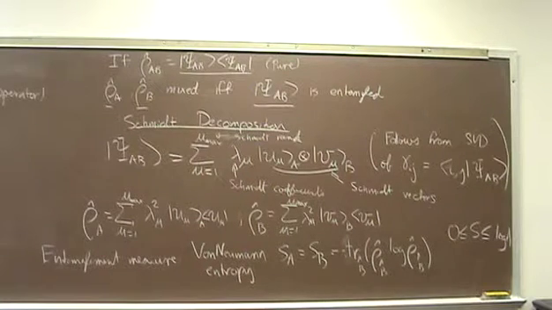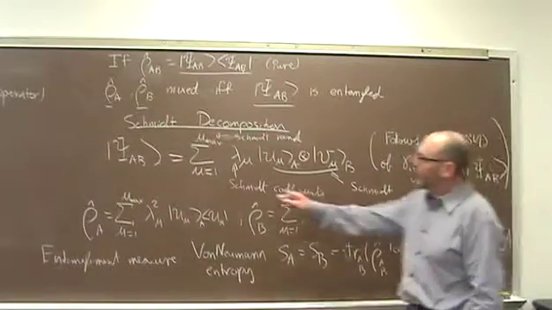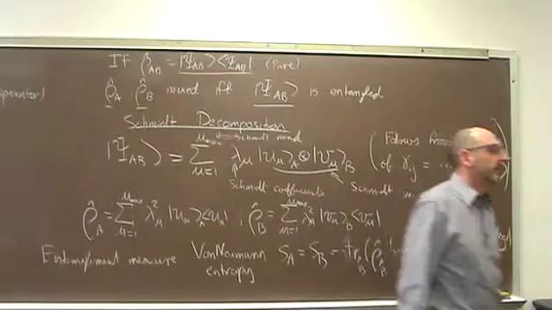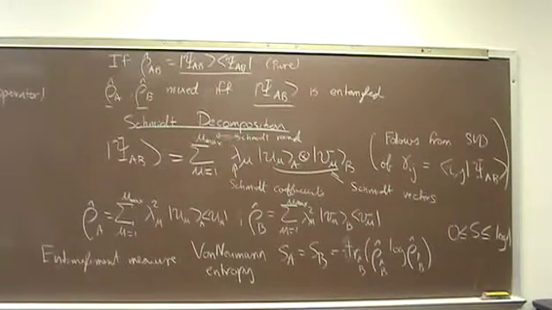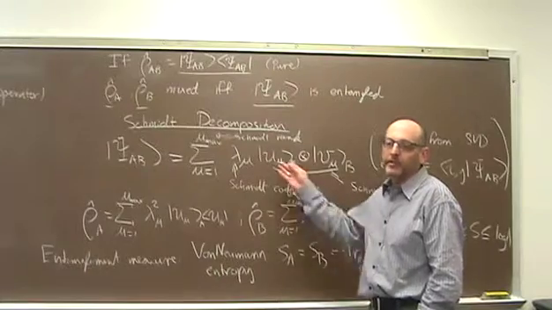So there always exists a decomposition of the state in terms of a special basis such that it's a sum over just one index, even though we have two parts, as a superposition of orthonormal vectors.